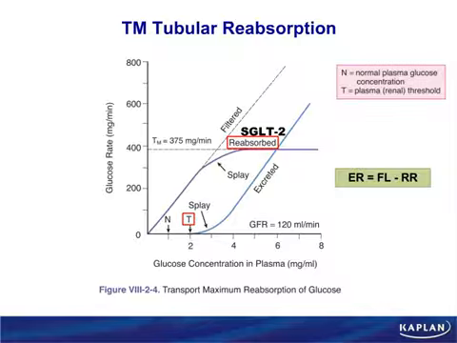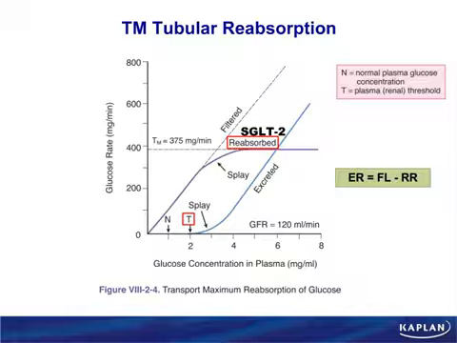Now, T on this graph stands for the plasma or renal threshold, and that's a very important value to understand. The plasma threshold, or the renal threshold, is the plasma glucose concentration at which the SGLT2 carriers first become saturated. Once you start to saturate these carriers, glucose is excreted, or glucose makes an appearance in the urine.